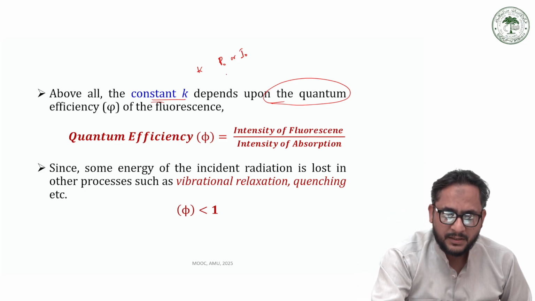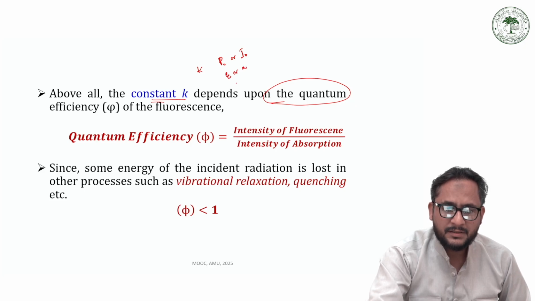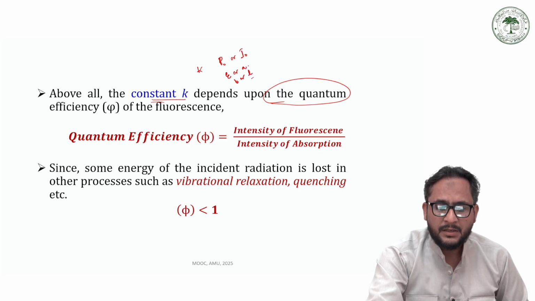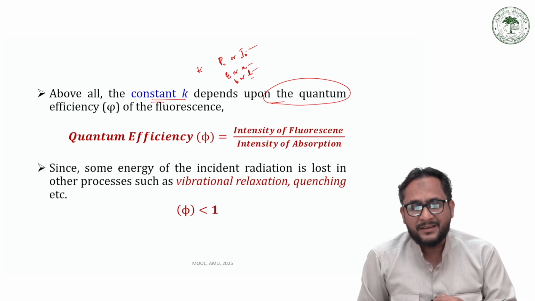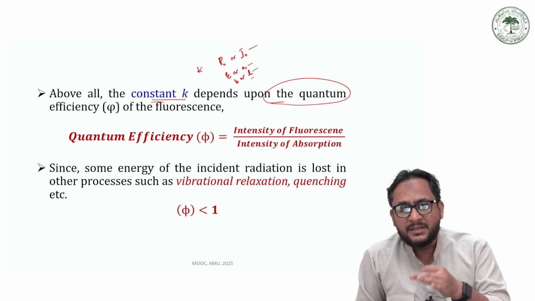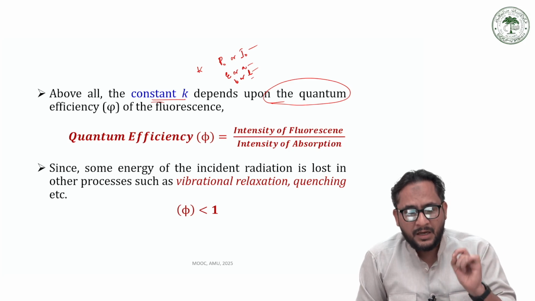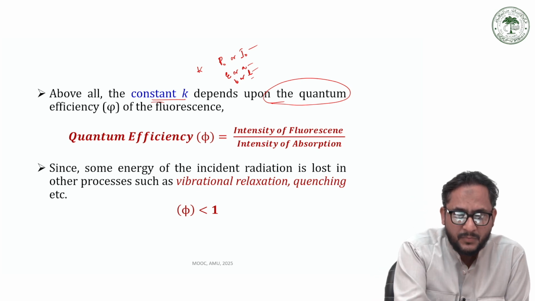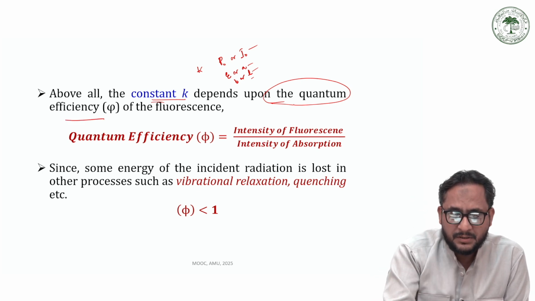So if we take a sample with high molar absorptivity epsilon, and if we take the thickness of the cuvette high, so B or the path length, if it is represented by L, should be high. These parameters directly affect the constant K, and then the last parameter that influences the constant is the quantum yield, represented by this letter phi.